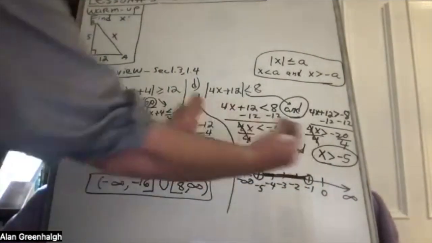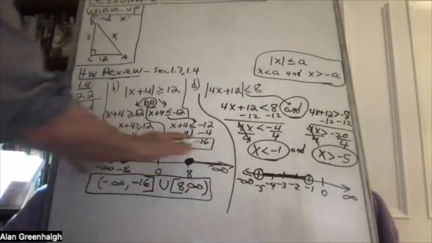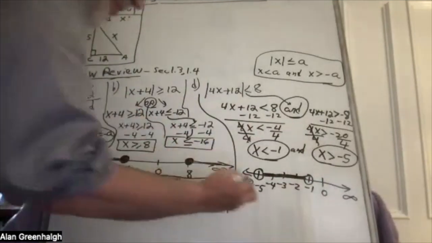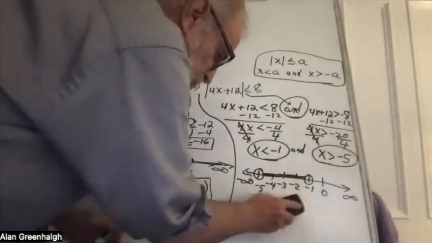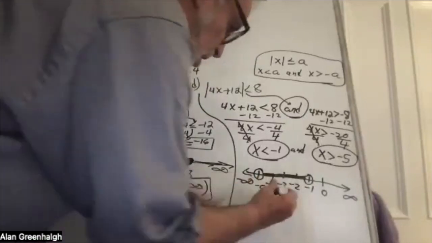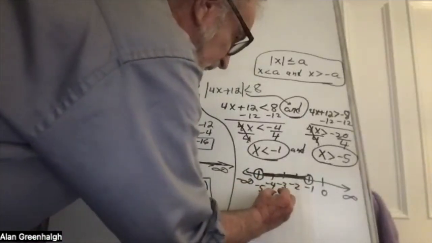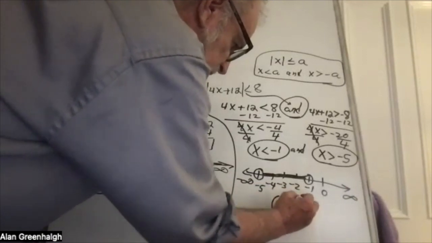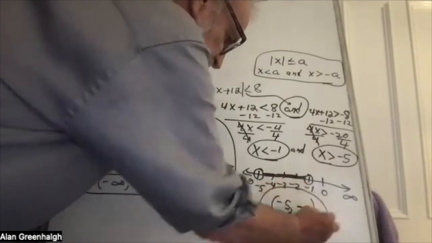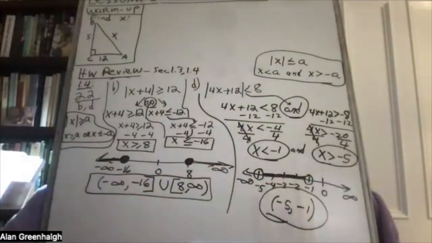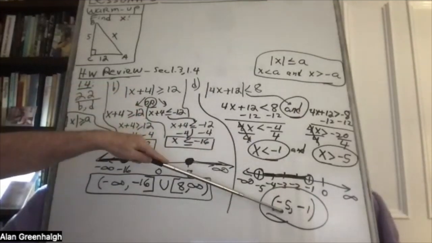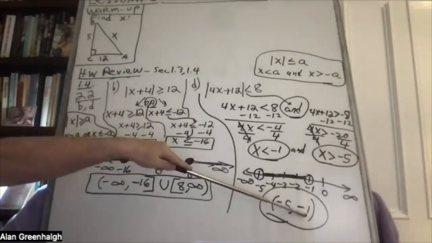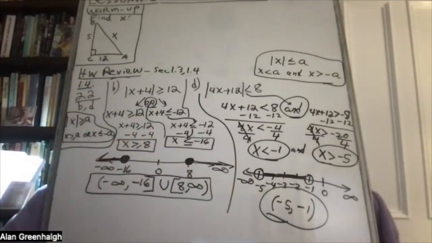Okay, that's an and situation when it's between, an or situation when it's away from each other. Let's move now to interval notation, where we're going to have the negative 5 on one side and the negative 1 on the other. This is the answer. So, the greater than negative 5, the negative 5 goes there, the less than negative 1, the negative 1 goes there. And that was the homework.